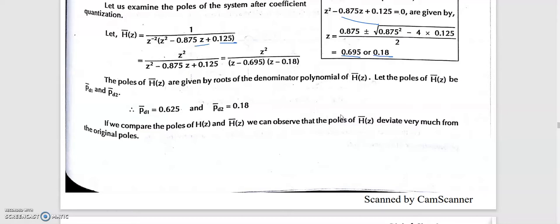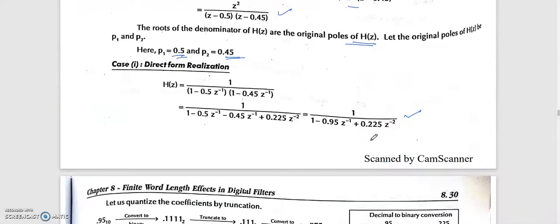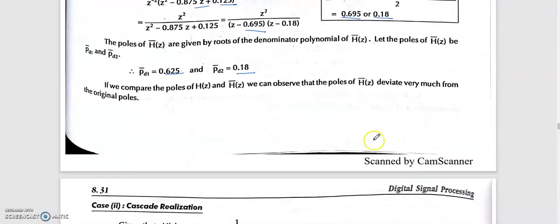So the poles of this equation are 0.695 and 0.18. If we compare this with the original poles, they were 0.5 and 0.45. So there is a deviation from the original poles. This is what we make out of this particular problem.